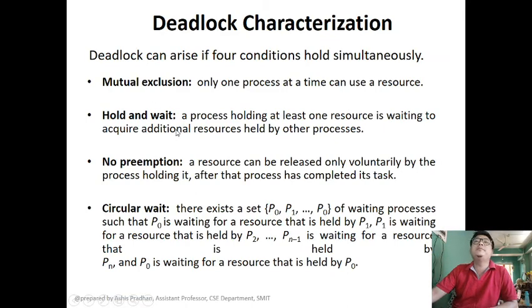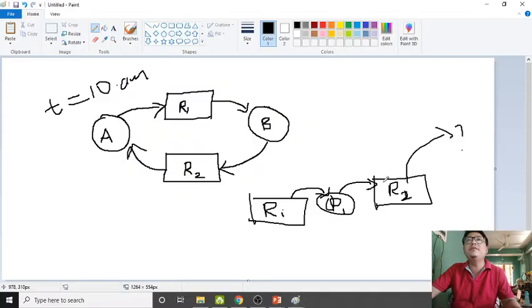Next is no preemption. I'll just read it out. No preemption means a resource can be released only voluntarily by the process holding it, after that process has completed its task. So whenever P1 is requesting for R2 and R2 is busy with P2, then R2 cannot be snatched from P2 by process P1, irrespective of priority or whatever it is.